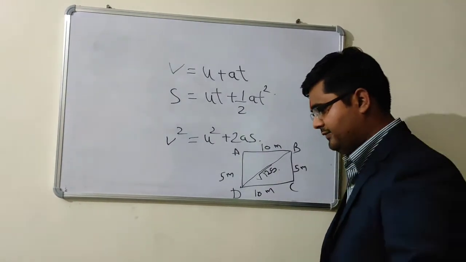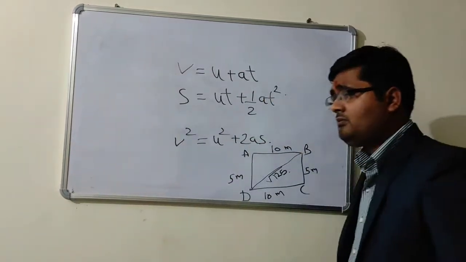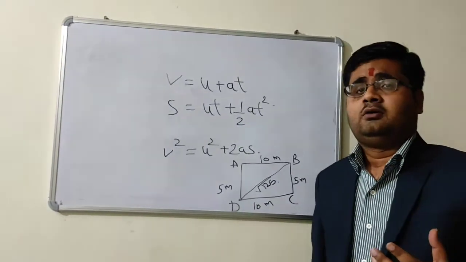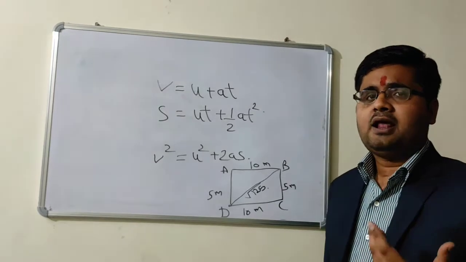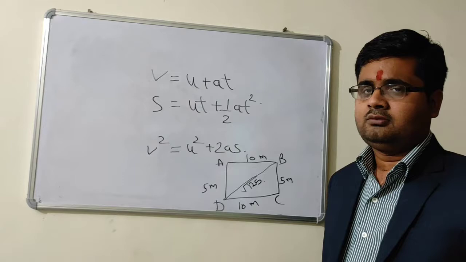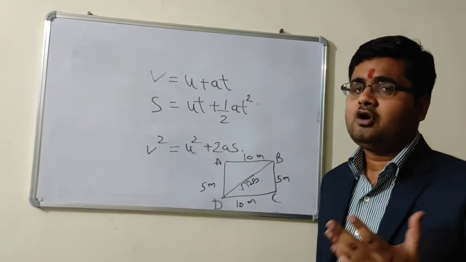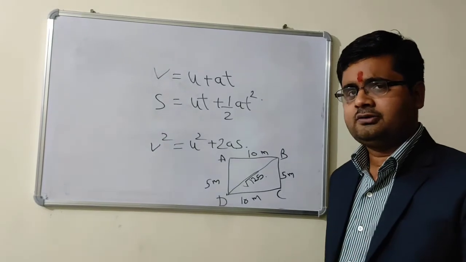Now U and V. U is the initial velocity. In some cases, the numerical will say when a body is at rest, it means initially the body is at rest.